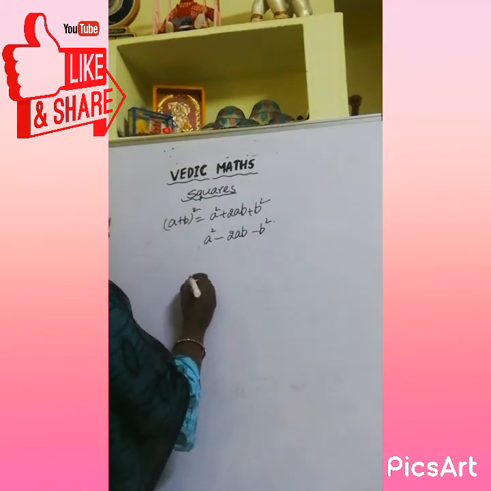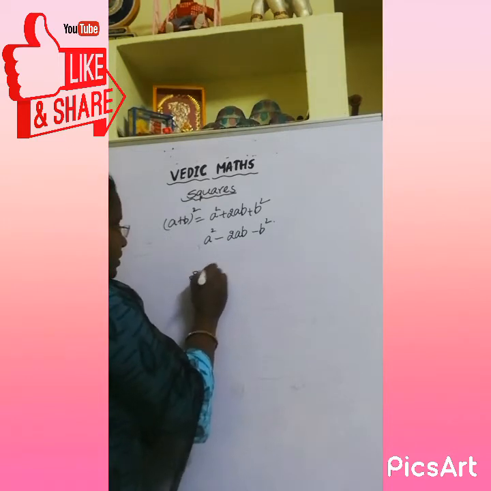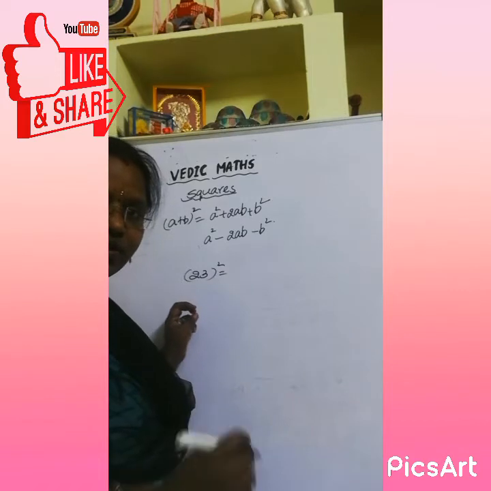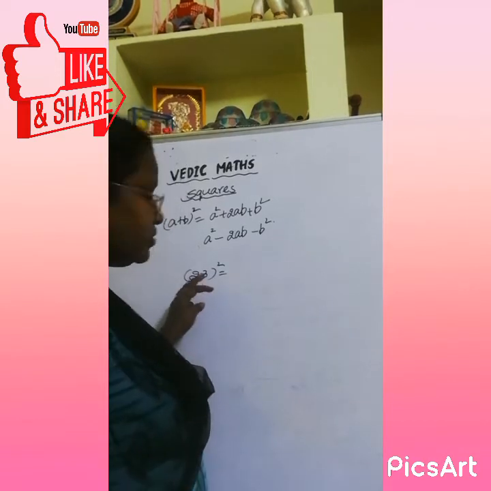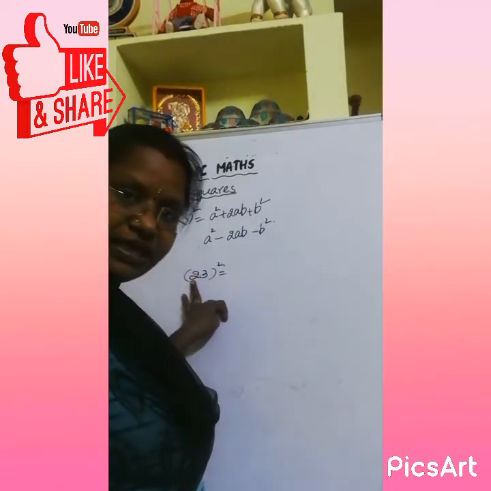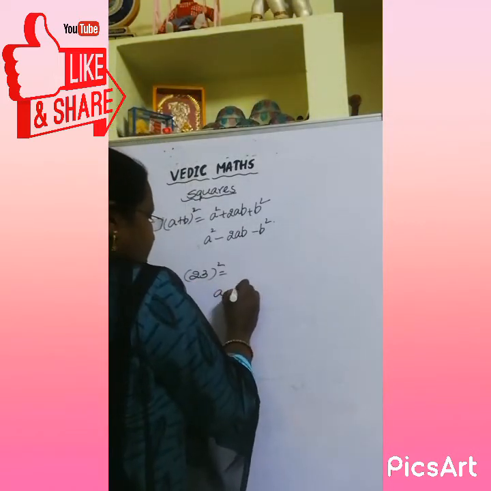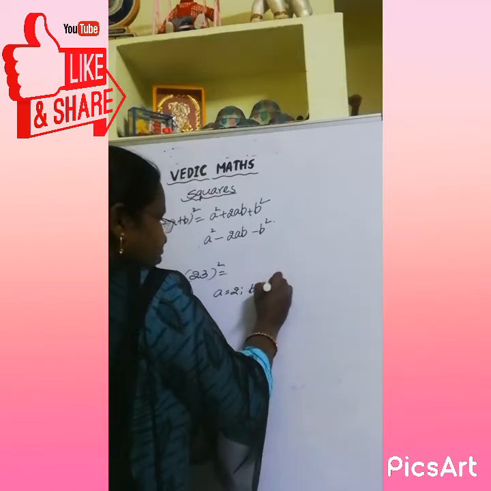So for example, 23 square. What is 23 square? 2 is nothing but a and 3 is nothing but b. Like a is equal to 2 and b is equal to 3 we have to take.